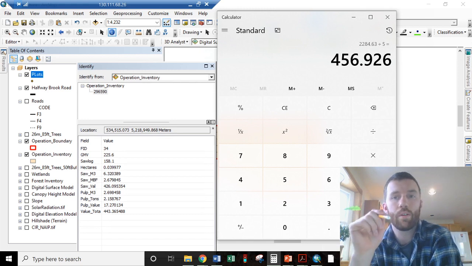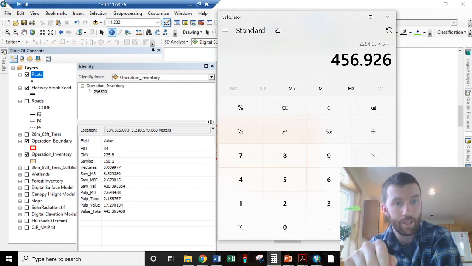And that is the average value of those 5 cells that happen to intersect with those points.